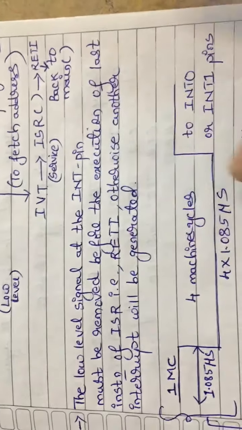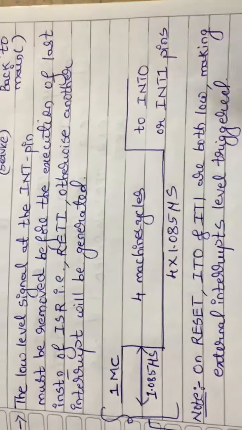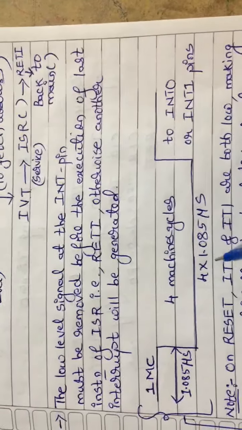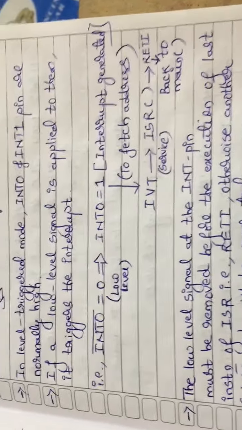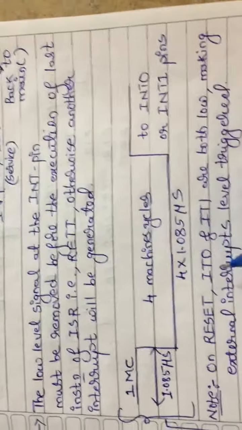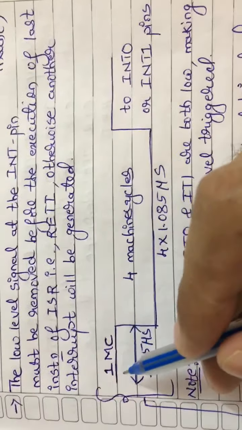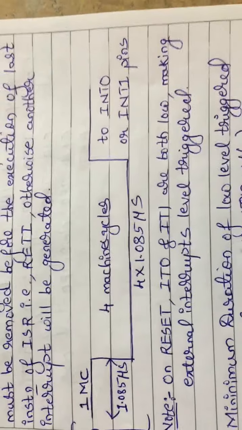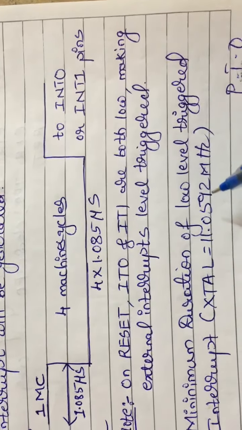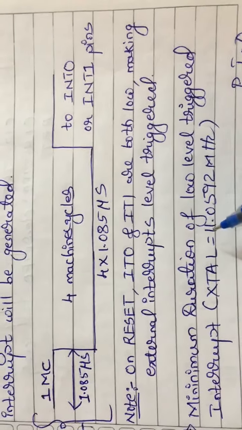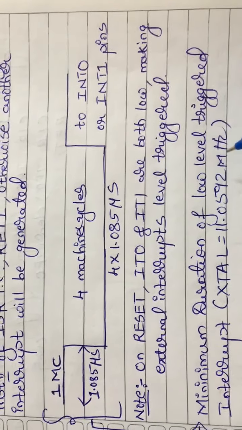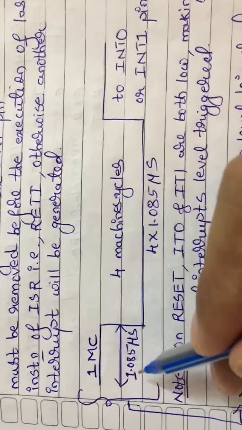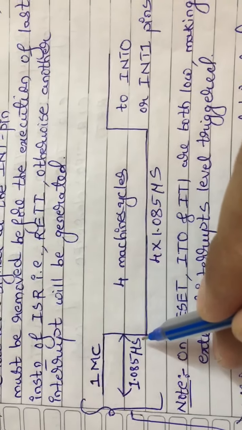So next, what is the time taken to activate the low level or the level triggering? We know that one machine cycle, if the crystal frequency is 11.0592 megahertz, will take 1.085 microseconds.